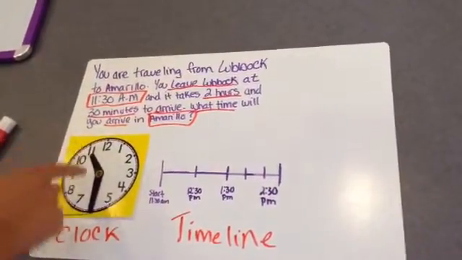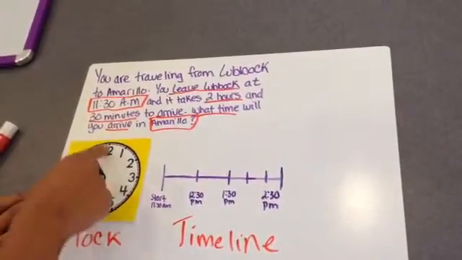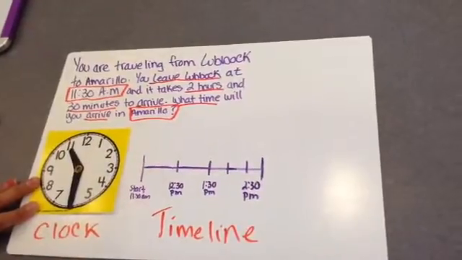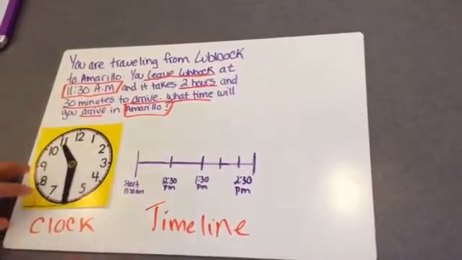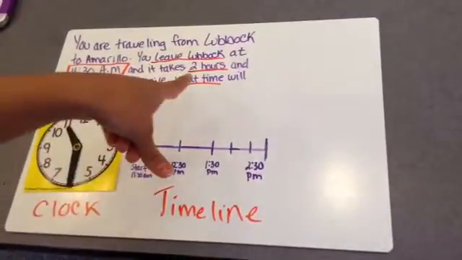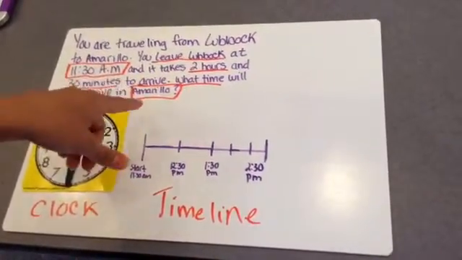Now, since we're at 11:30 a.m., we want to know that once we pass the 12 here, it's going to change to p.m., which represents the afternoon/evening time. So it's going to take us 2 hours and 30 minutes to arrive in Amarillo.